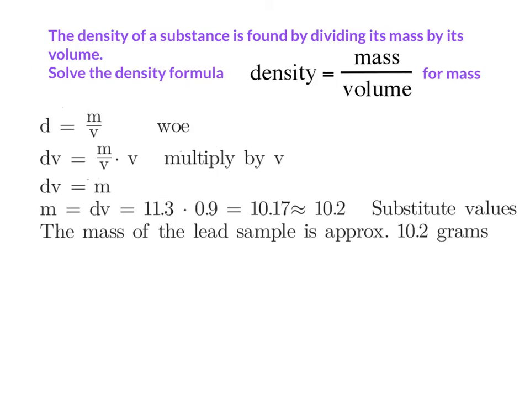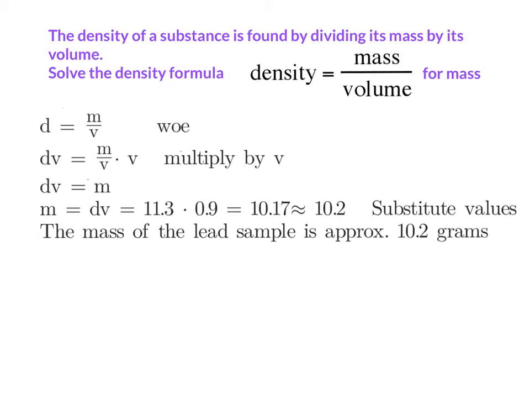Now we want to use a density formula. The density of a substance is found by dividing its mass by the volume. So the formula is density equals mass over volume, and we're going to solve for mass. We're trying to isolate the m.